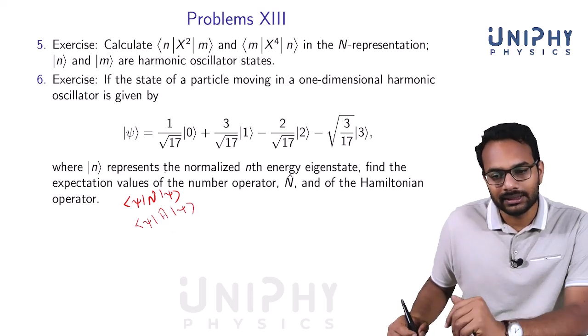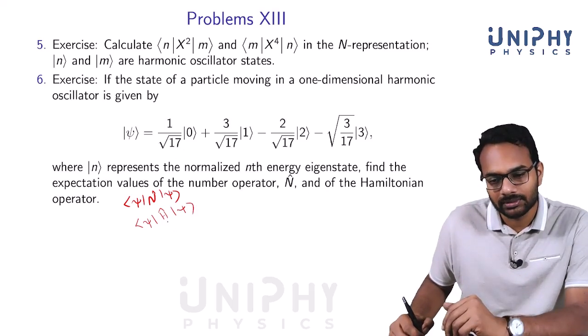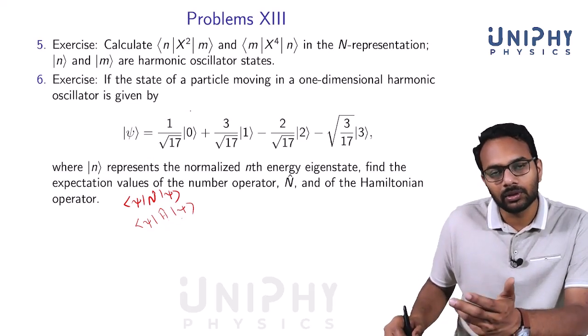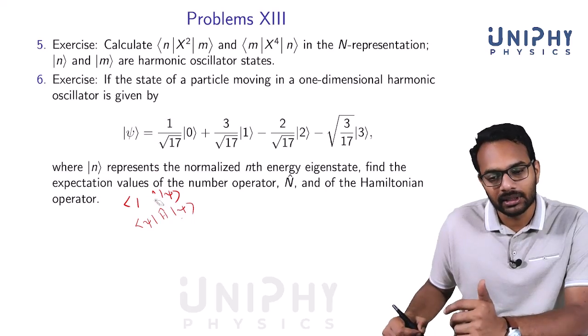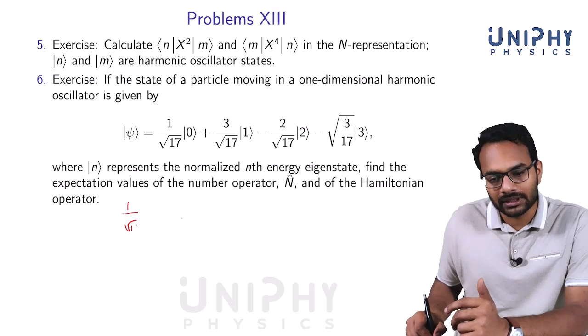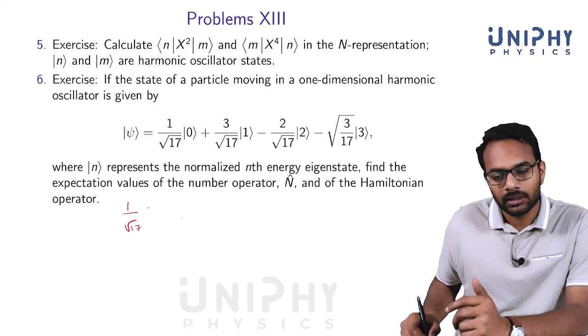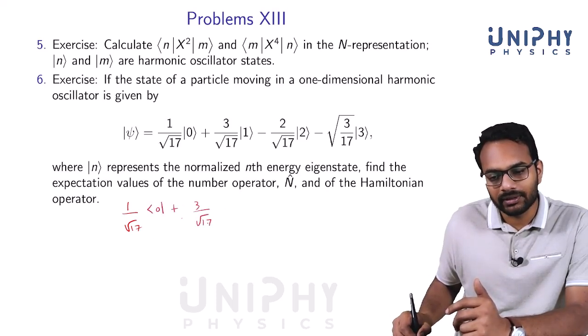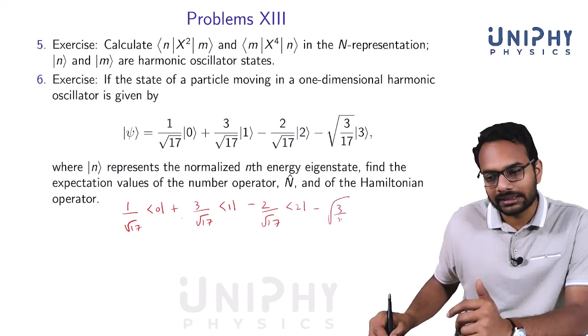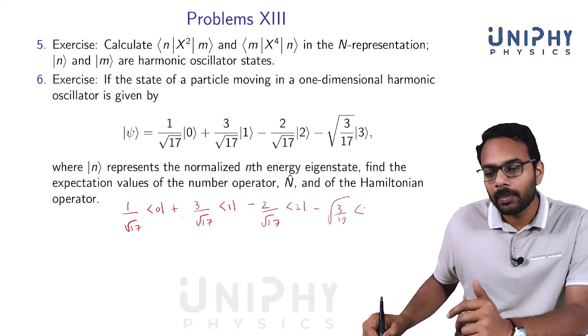Okay, so this is easy because you will see that there are only a few non-zero terms because these are the eigenvalues. Okay, you can just do the whole thing if you want. All right, you can easily pick up the non-zero terms. Okay, so basically what you will do is write psi as 1 by square root of 17 ket 0 plus 3 by square root of 17 ket 1 minus 2 by square root of 17 ket 2 minus square root of 3 by 17 ket 3.